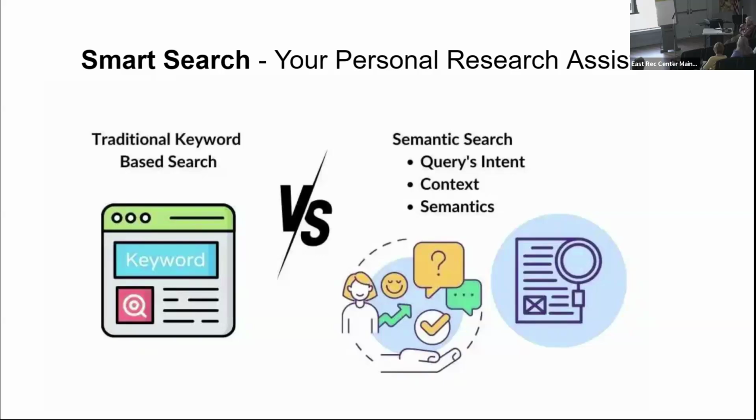But if you said East Rec meeting room to one of the chatbots, they would say, and this is what the term semantic search means, what is this person really trying to get at? What is the context? What are the semantics? What are the alternative terms or ways of thinking of that that would find what he's looking for? Well, a meeting room looks to me like it could be what he's looking for. So I'm going to find a center and see if that works.